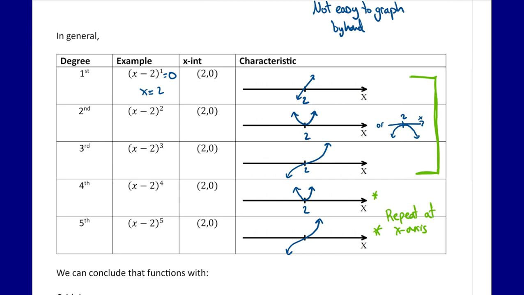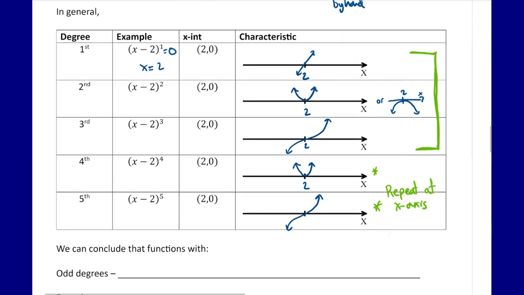The reason we only need to know those 3 different shapes is because it starts to repeat. So when we have an even degree, so degree 6, 8, 10, we are going to see this parabola shape. If we have an odd number after 3, we're going to have this S shape.